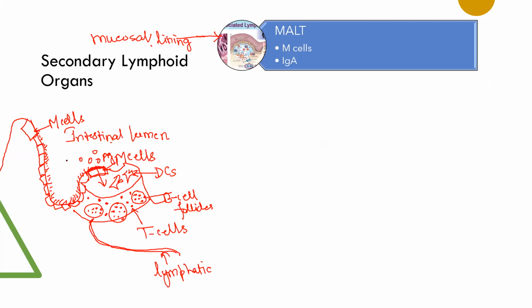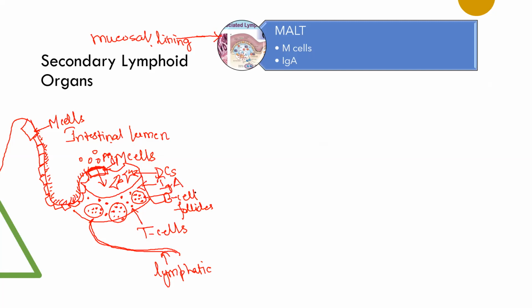So our antigens are coming through the digestive tract, entering with the help of M cells, getting presented by the dendritic cells, and then coming into this loosely organized lymphoid tissue, which is called MALT or mucosa associated lymphoid tissue. This lymphoid tissue is also rich in one particular antibody, IgA.